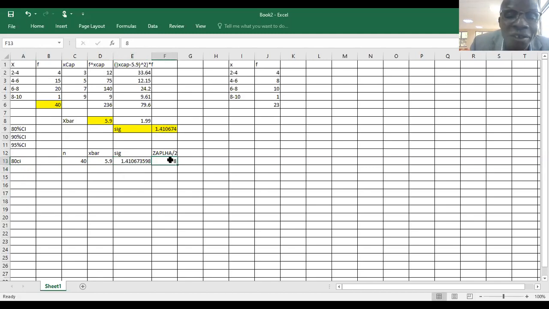What I don't have is Z alpha over 2. But Z alpha over 2 for 80% is Z 0.1. Did you get that? You got that? The Z 0.1. Yes. So it is here. Z 0.1.